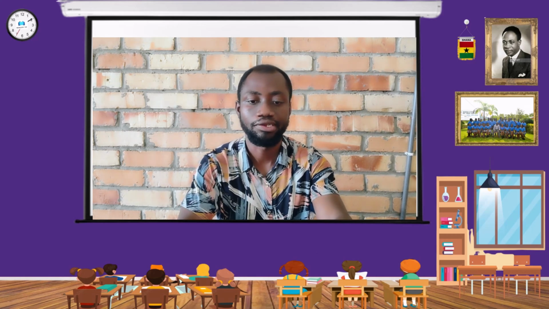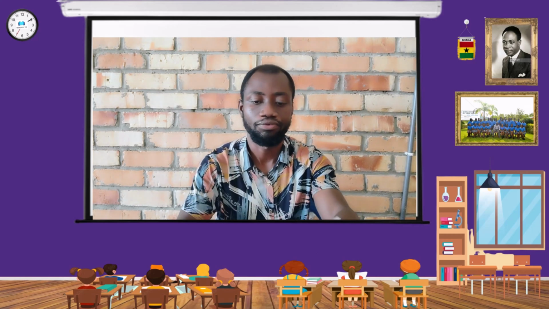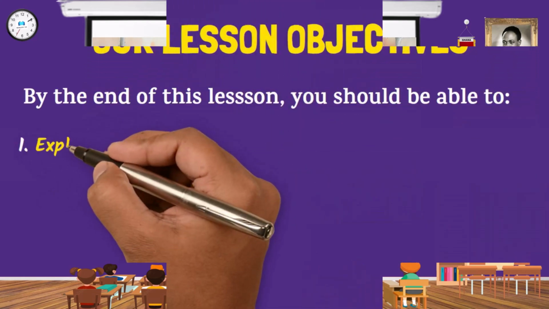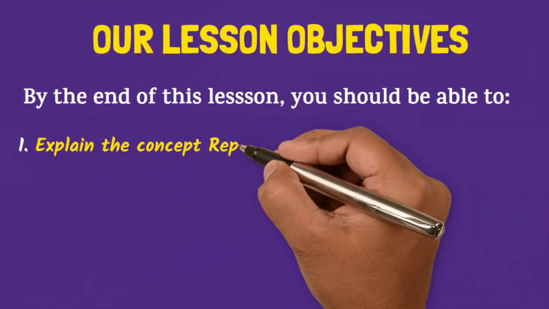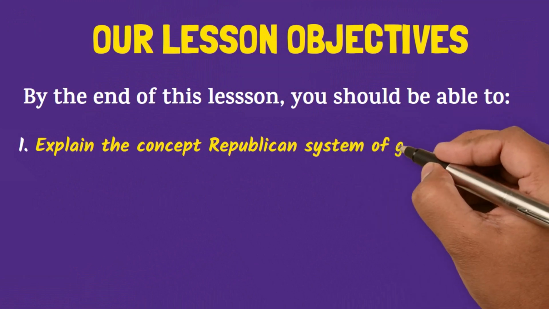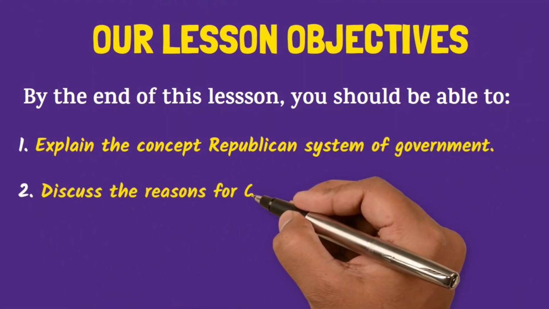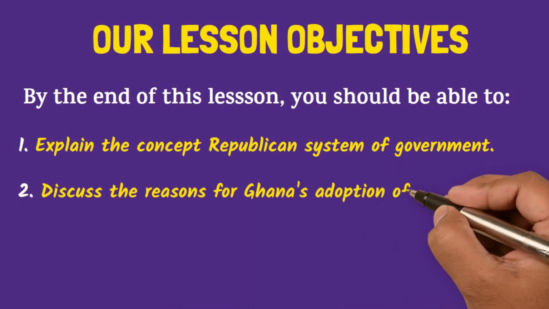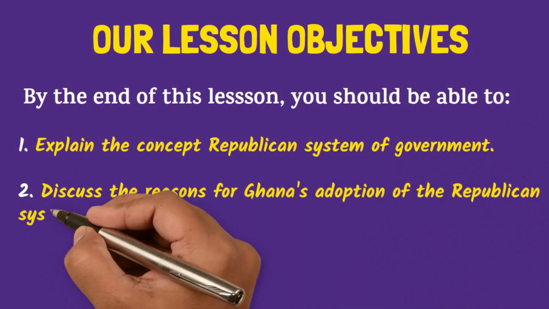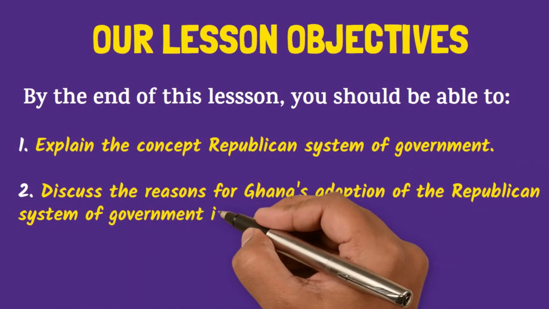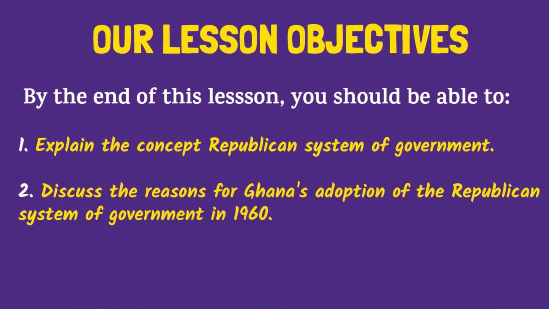Our lesson objectives for today is quite simple. By the end of this lesson, you should be able to explain what we mean by a Republican system of government, and also discuss the reasons why Ghana decided to adopt a Republican system of government in 1960. So let's begin with our discussion.